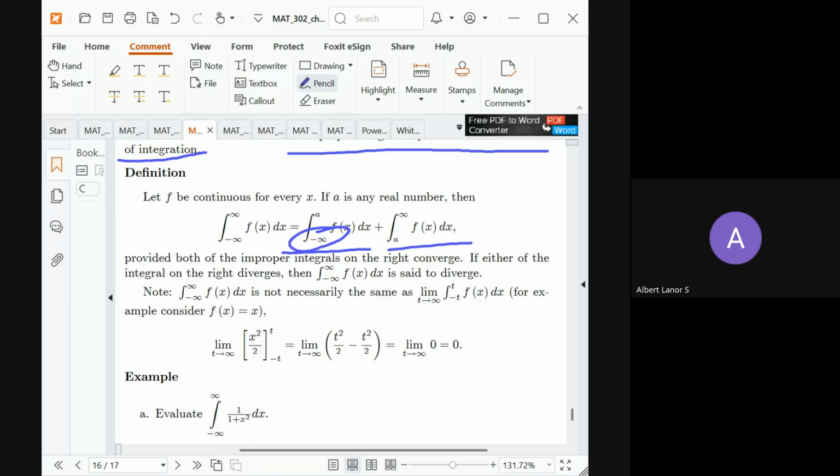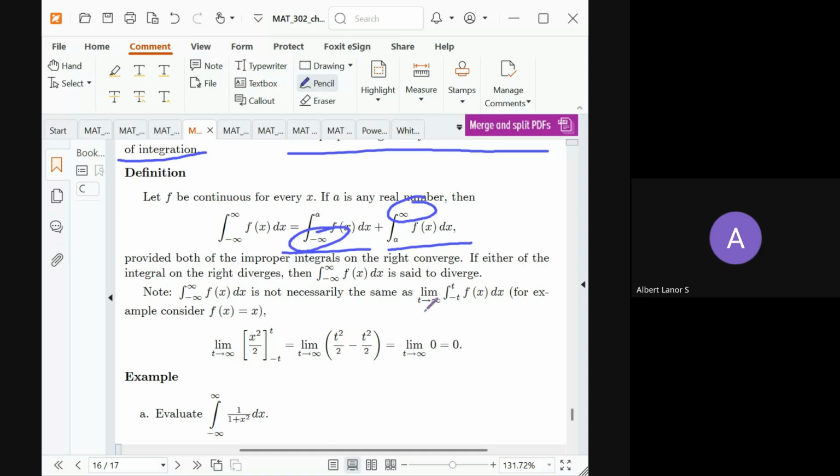So set a t, then find the limit as t goes to minus infinity. Then for the infinity one, set a t and find the limit as t goes to infinity. Provided both of the improper integrals on the right hand converge, then the function converges. Now, if one of them does not converge, then the overall integral also does not converge.